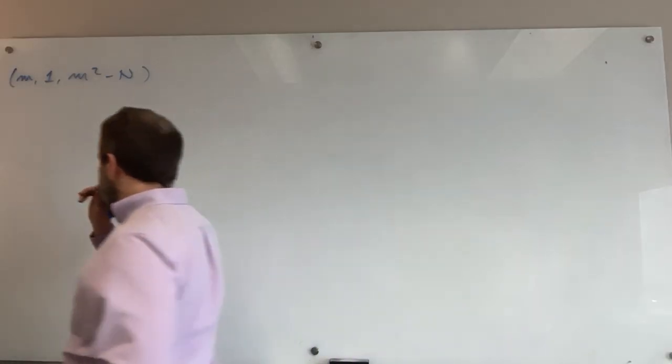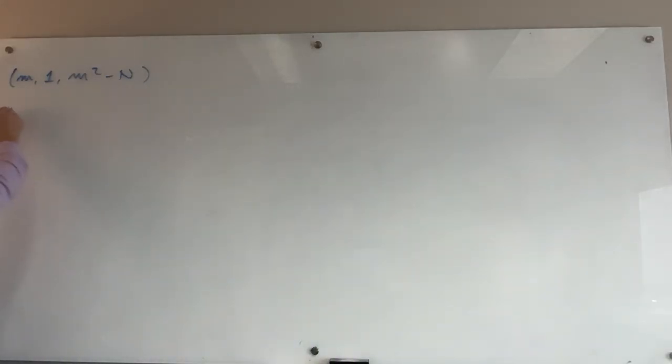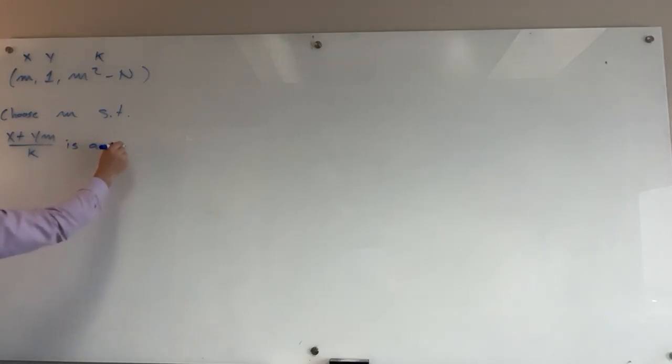Every step, we're going to choose m such that x plus ym divided by k is an integer. Here x is the x slot, y is the y slot, and k is the k slot. In other words, we want x plus ym to be divisible by k, and that minimizes the absolute value, so that m squared minus n is minimized.